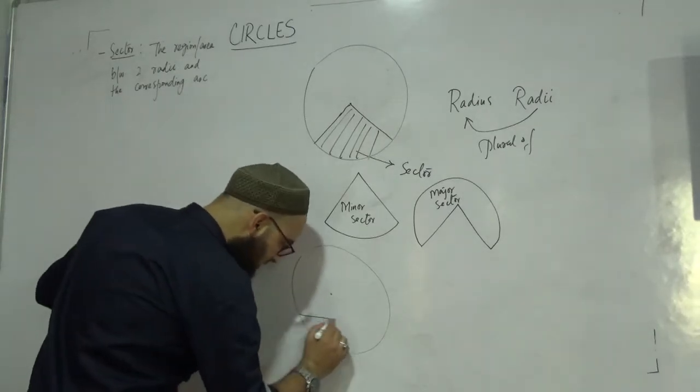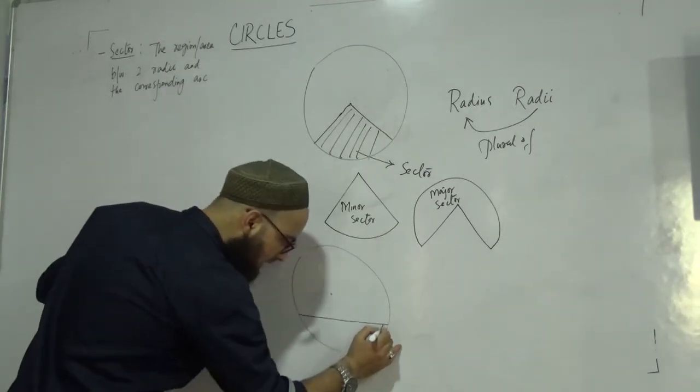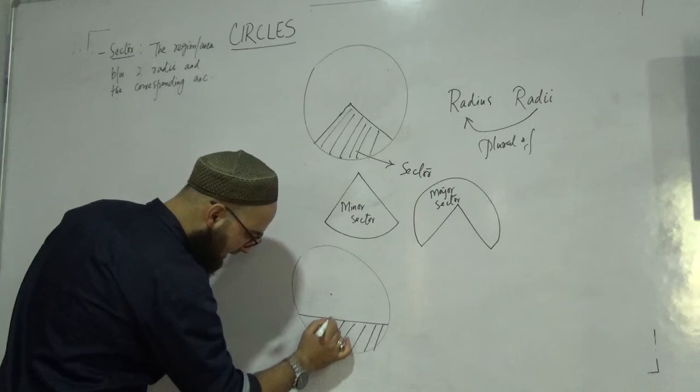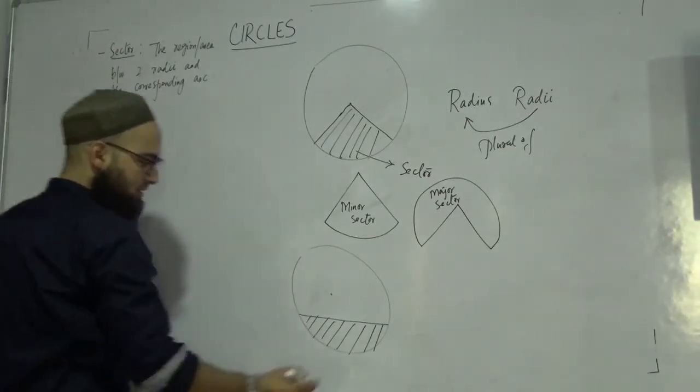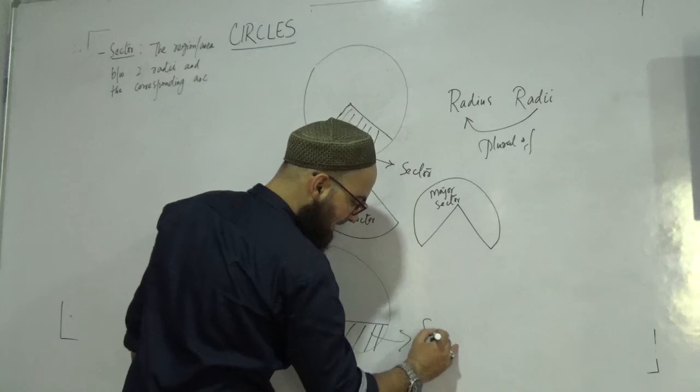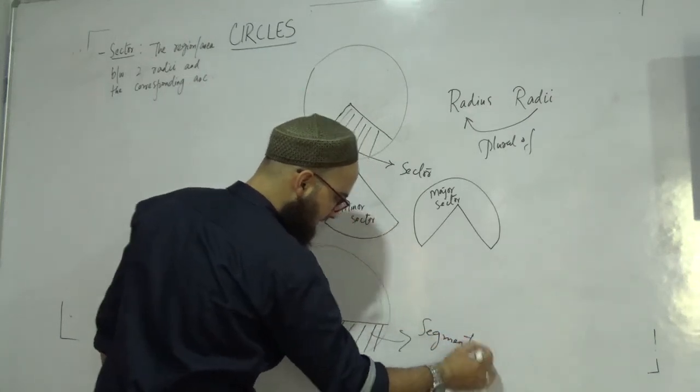We have one more thing. If I have a chord like this and the corresponding arc, then I have this region. This is called the segment.